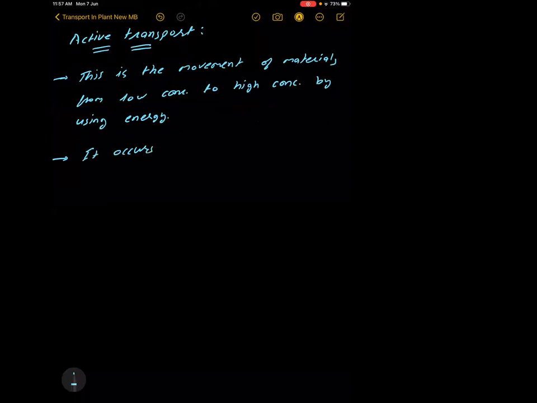It occurs against the concentration gradient.